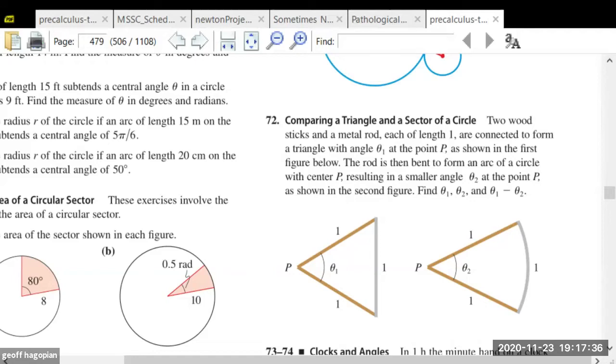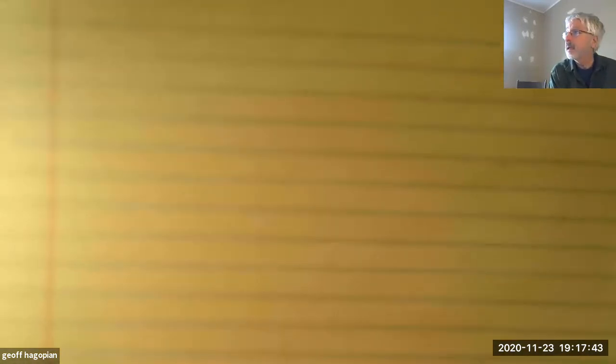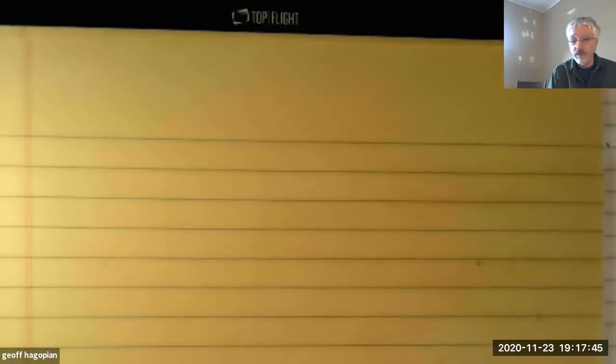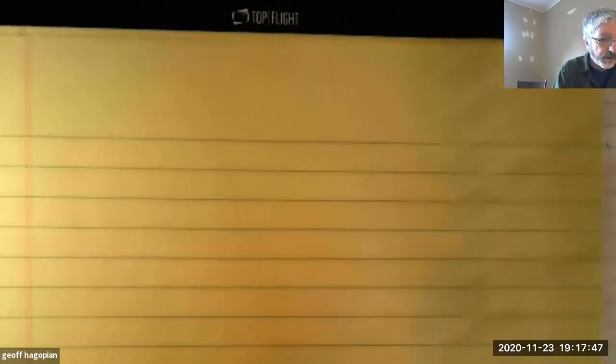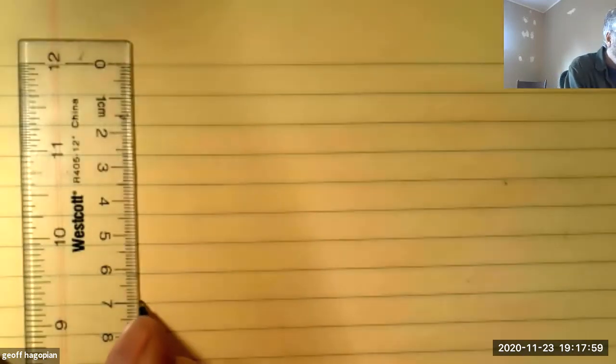And I will switch over to, oh, I've got a legal pad now. Notice that the lines are a little bit farther apart than on my other pad. And how far apart are they? Well, I thought this was sort of an interesting thing. So let's do it over here in the margins, right?